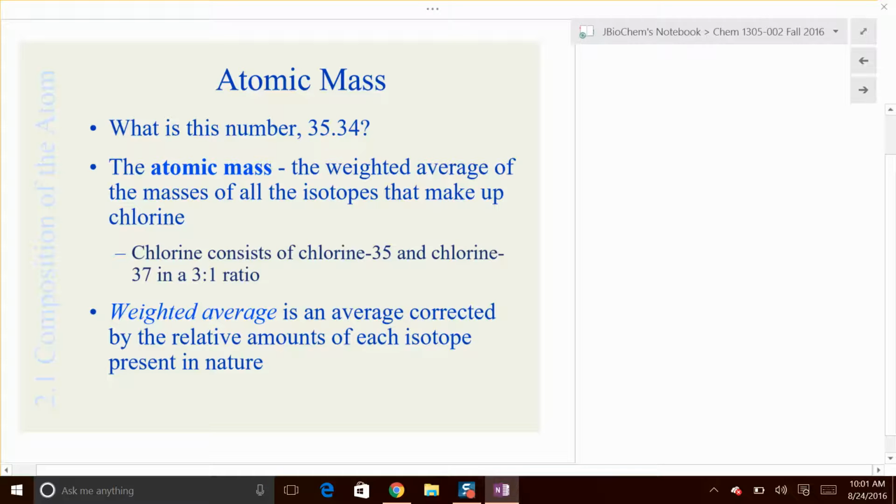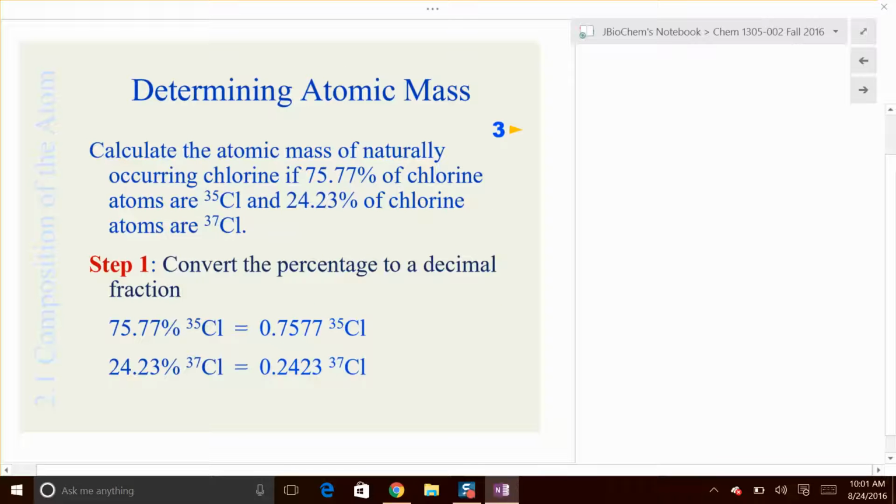So this number, 35.453, it's a weighted average of all the isotopes. Okay, chlorine consists of chlorine-35 and 37 in a 3-to-1 ratio. Okay, so we would find the weighted average of those, and it would give us that mass on the periodic table. So here we go. Here's an example. Calculate the atomic mass of naturally occurring chlorine if 75.77% of chlorine atoms are 35 and 24.23% are 37.